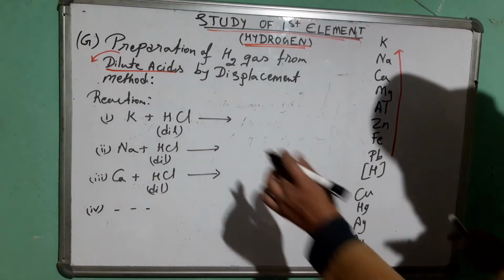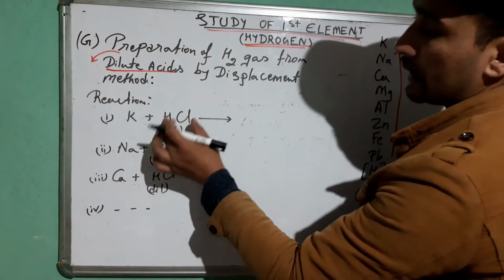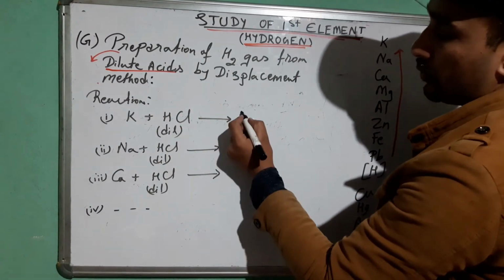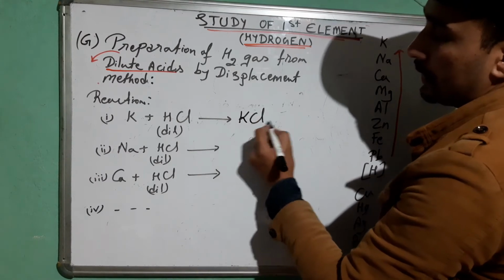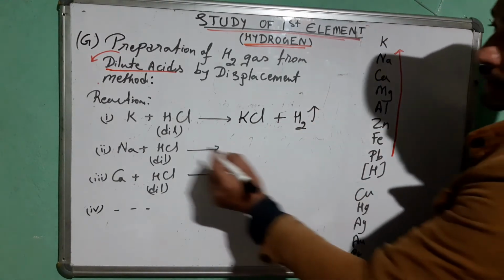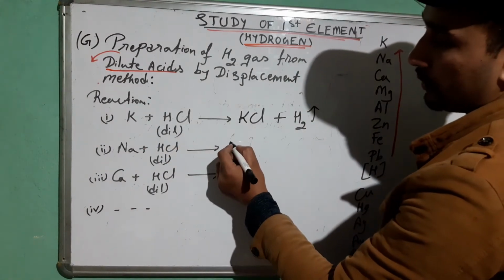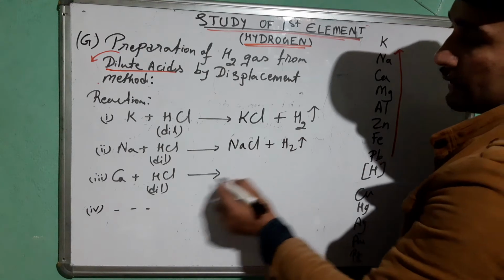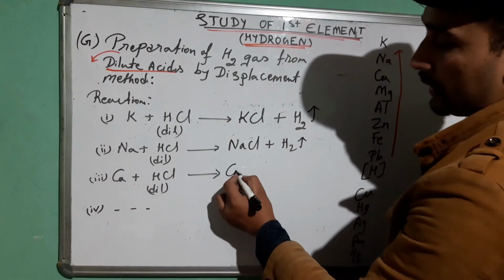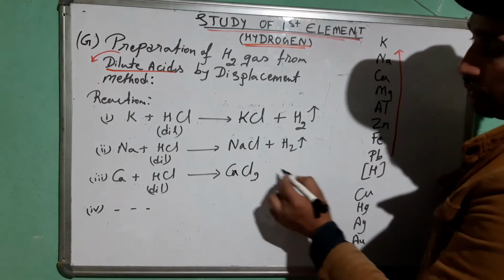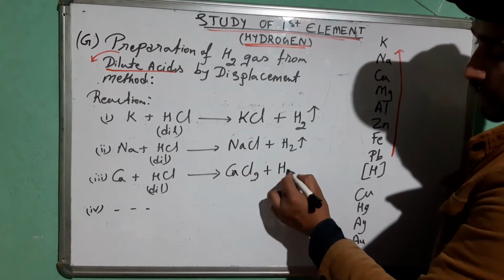So metal plus dilute acid gives salt. Potassium plus HCl gives the salt potassium chloride, KCl, plus hydrogen gas, which gets released. Next, sodium plus HCl will be sodium chloride, NaCl, plus hydrogen gas. Next, calcium plus HCl will be calcium chloride, CaCl2, because the valency of calcium is 2, plus H2 gas.